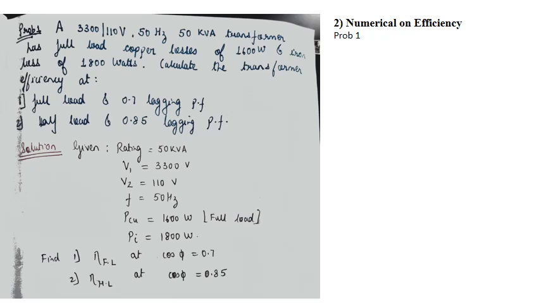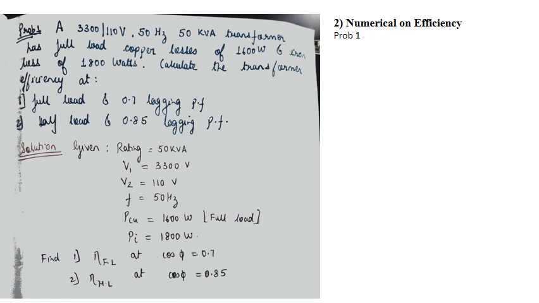It is generally an RL load. So we say that the power factor is lagging, but since the efficiency is not affected by the type of load, this word lagging is not much useful to us. So we'll just concentrate on the value of the power factor, that is 0.7.